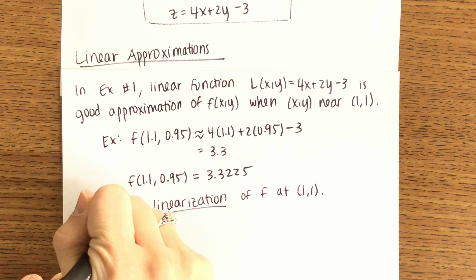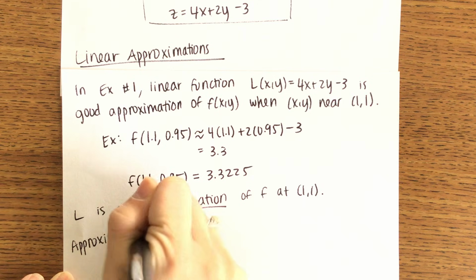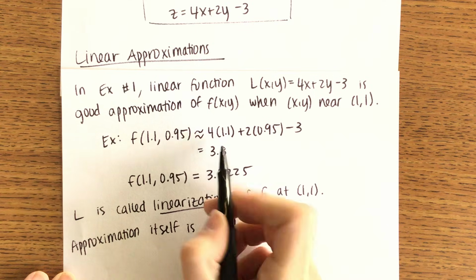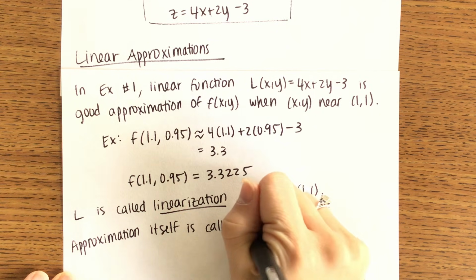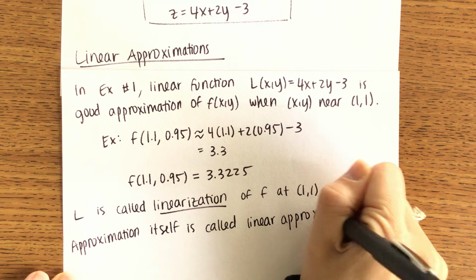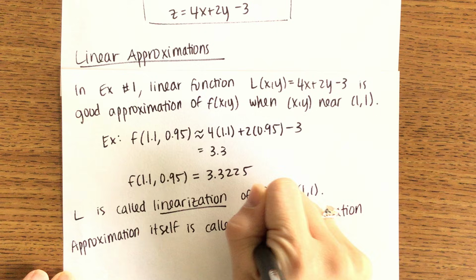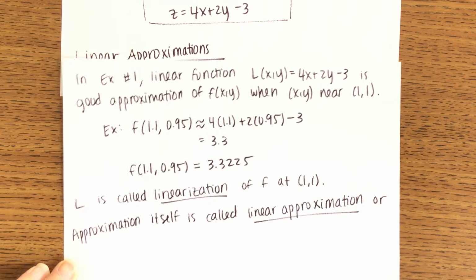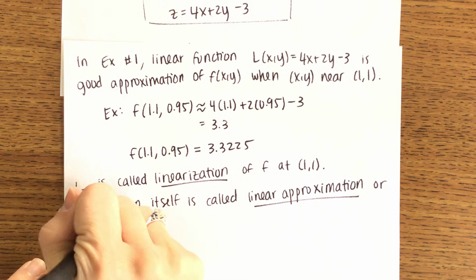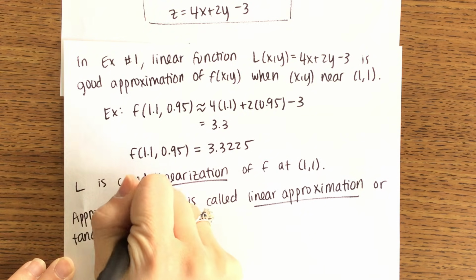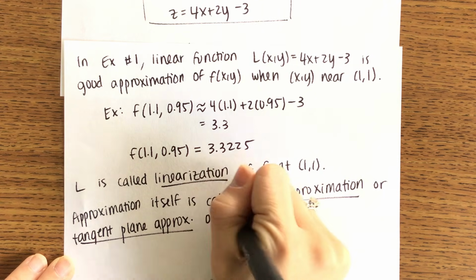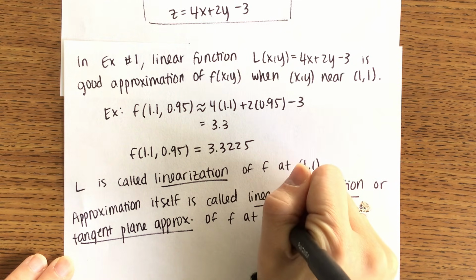The approximation itself is called a linear approximation. Or you could see it referred to as the tangent plane approximation of f at the point 1, 1.